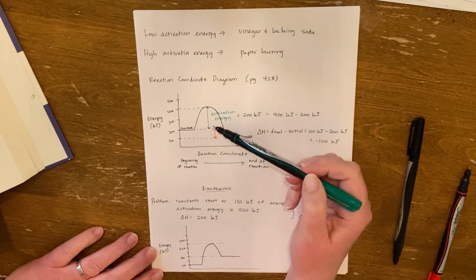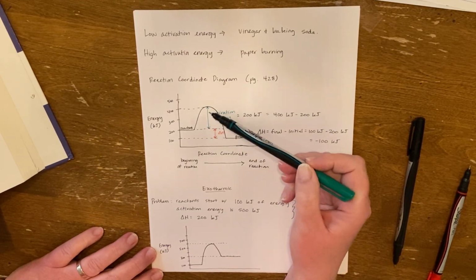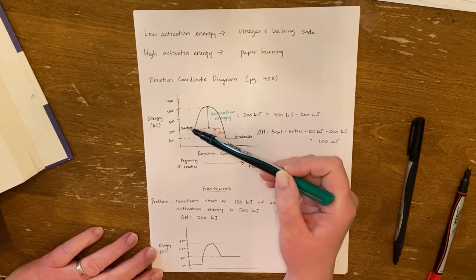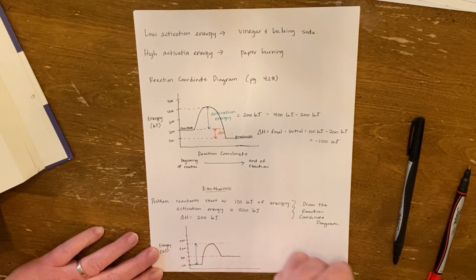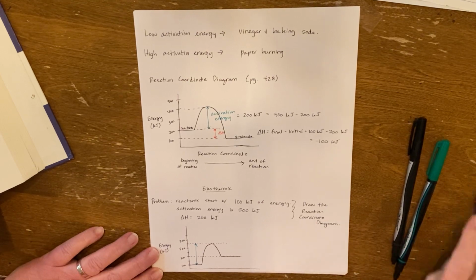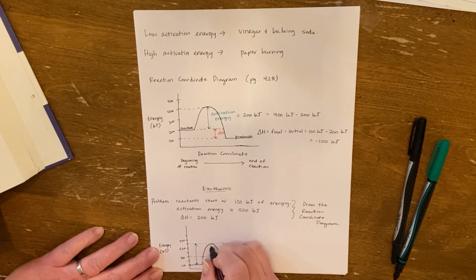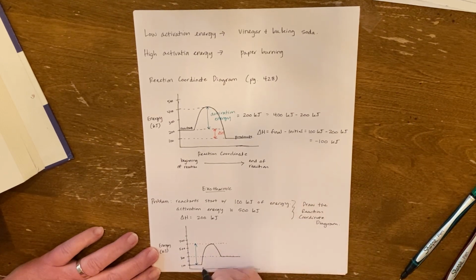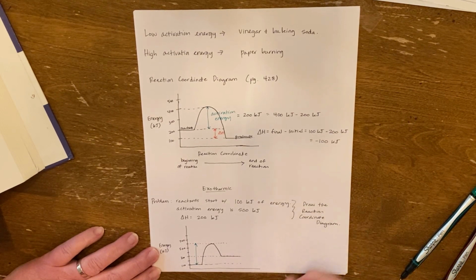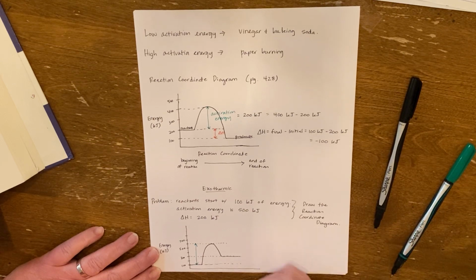Let's look at it again. So the activation energy is the height of the hill in relation to the reactants. So this is my activation energy here. My delta H compares the height, another dotted line here, is this value here.